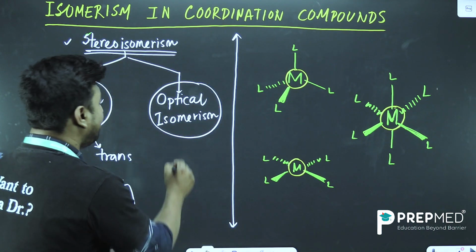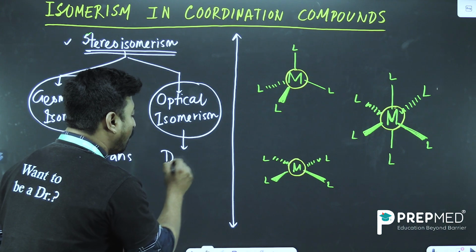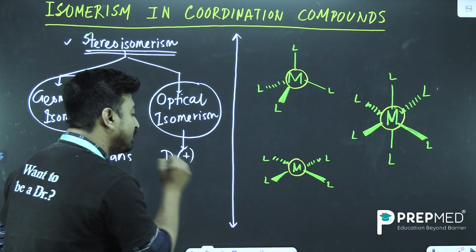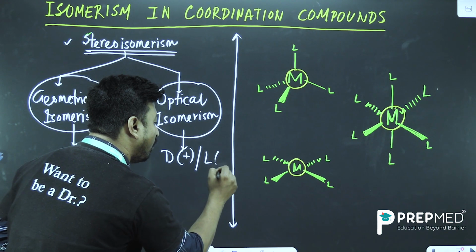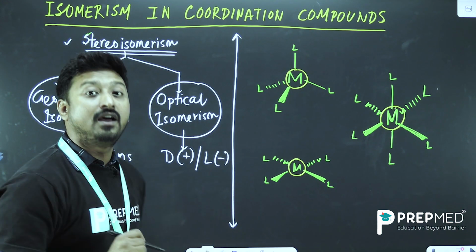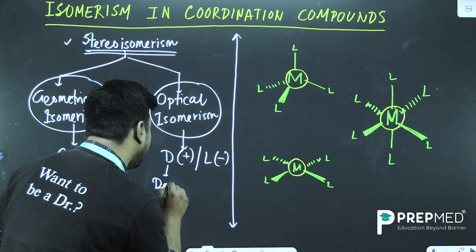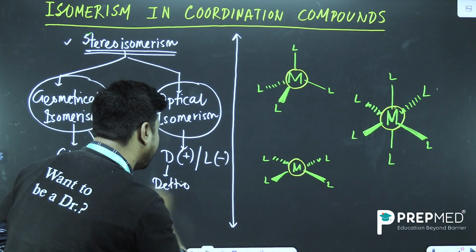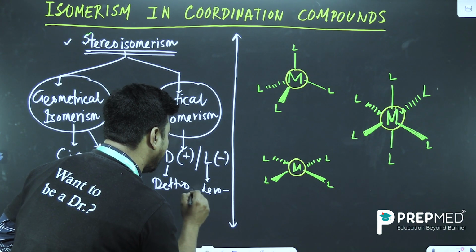So basically, this will give you two types of isomers. One is called D or plus, the dextrorotatory, and another is L or minus, called the levorotatory. D stands for dextro and L stands for levo.